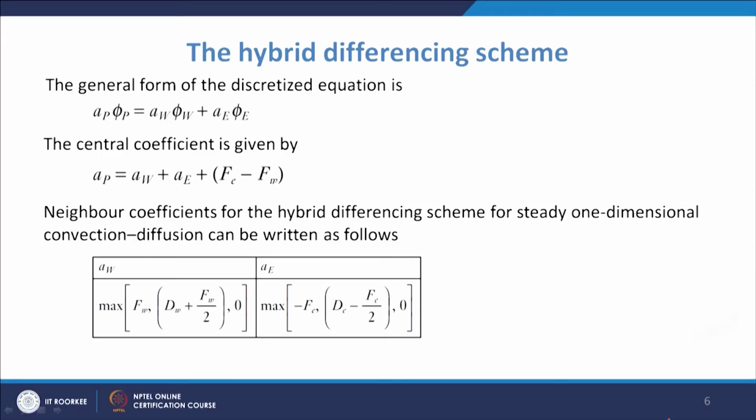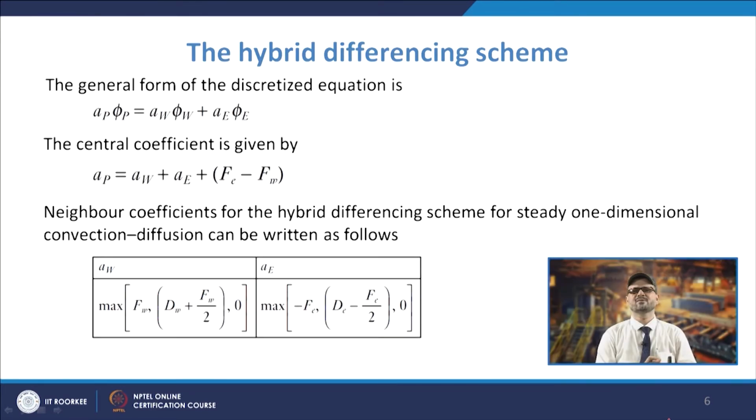Now, the next scheme which is important is the hybrid differencing scheme. Central differencing is useful for diffusion problems, when you have diffusion dominant flow. So, in that case you take the central differencing.